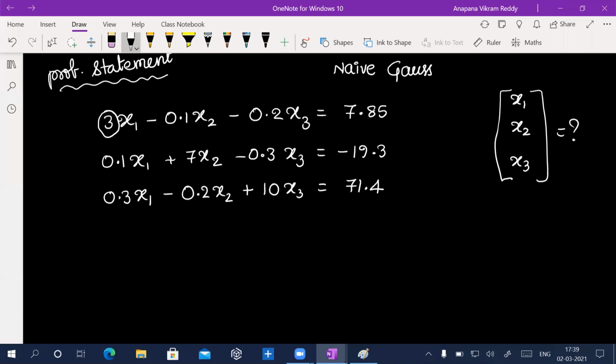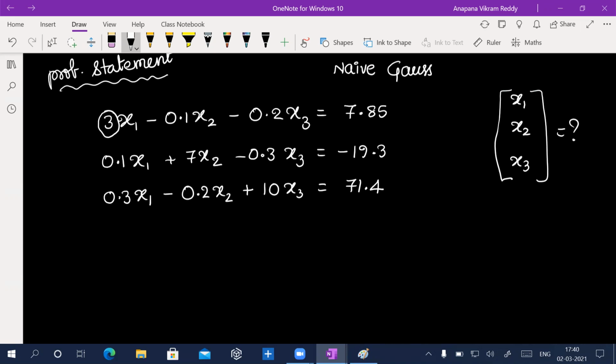Or if this a11 is close to 0, even more problems occur. You will have round off errors, or scaling problems, whatever. These are not that simple to discard. So we have to see to everything, and you have to keep those things in mind.